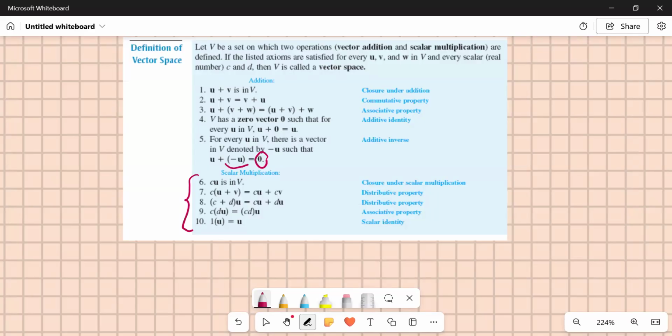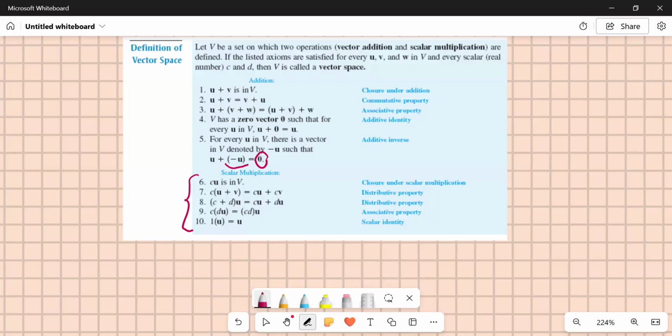Here we have associative property for scalar multiplication. So if you multiply 2 numbers by a vector, it does not matter how you set up parentheses. Either you multiply number by product of number by vector, or you just multiply numbers and then multiply the result by vector. And the last property, a very important one, is scalar identity.